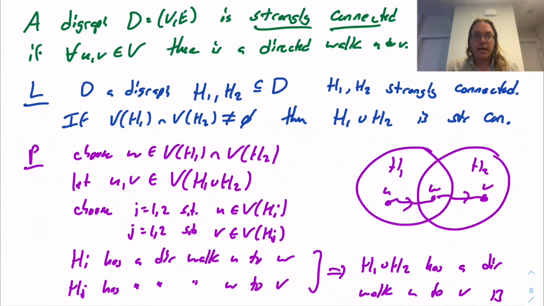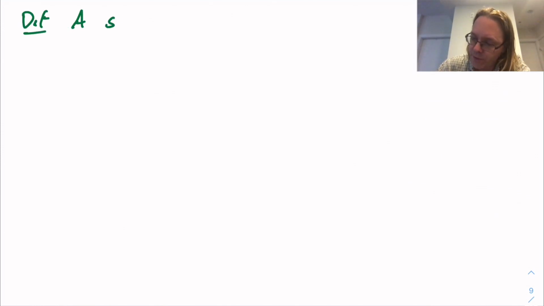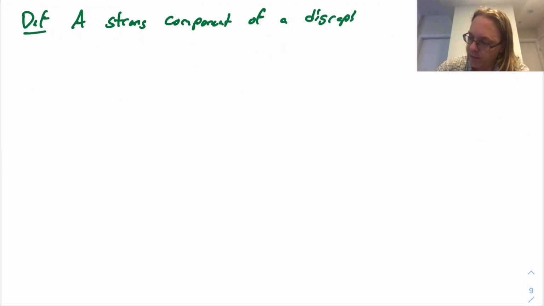Now, based on that lemma, we are going to introduce a very important concept, that of a strong component. So a strong component of a digraph D is a maximal strongly connected subdigraph.